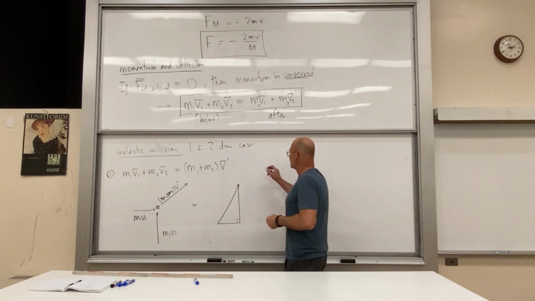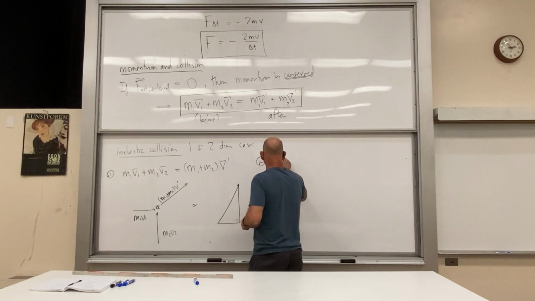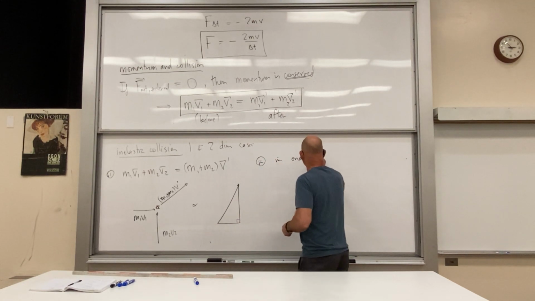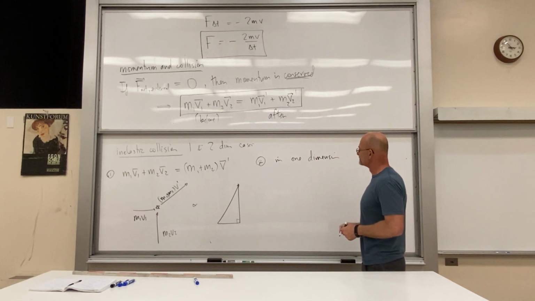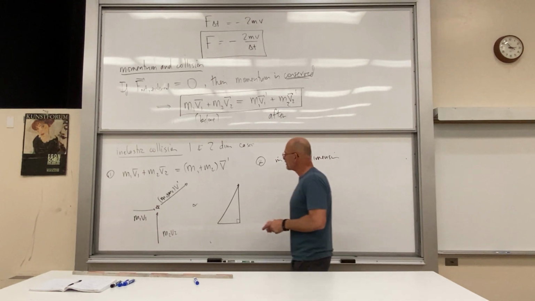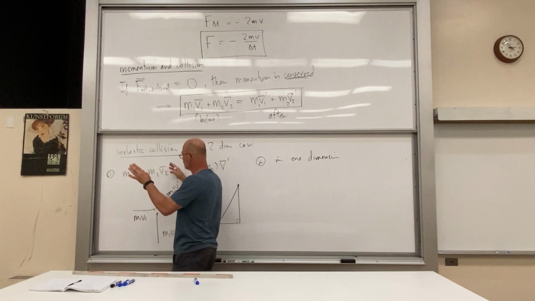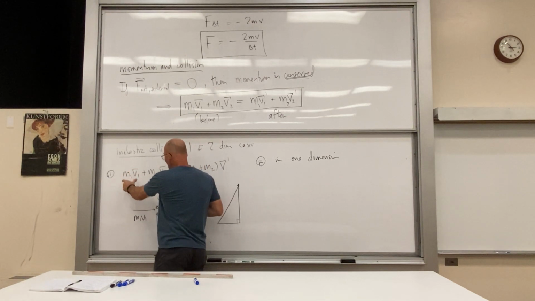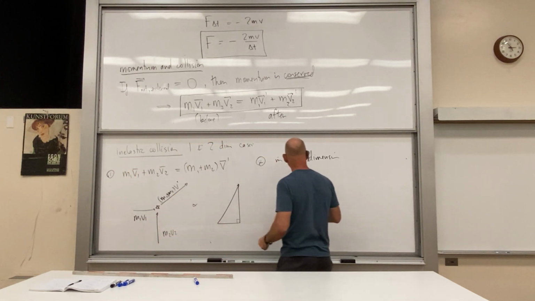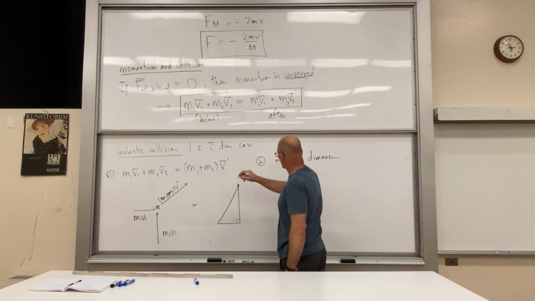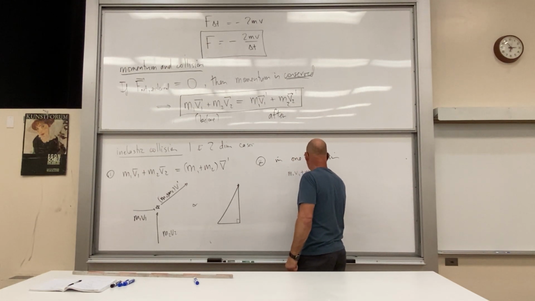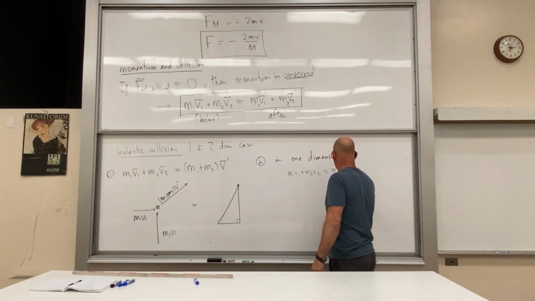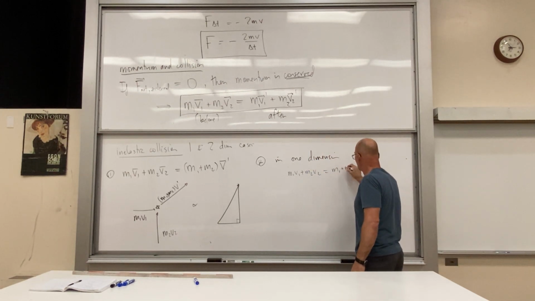Now, in one dimension we have the same thing, and we often do it in class. We did it with one particle at rest and the other one moving. I'm just going to write it out the way we have it without the vectors on it.